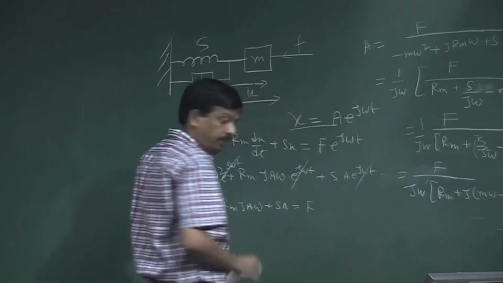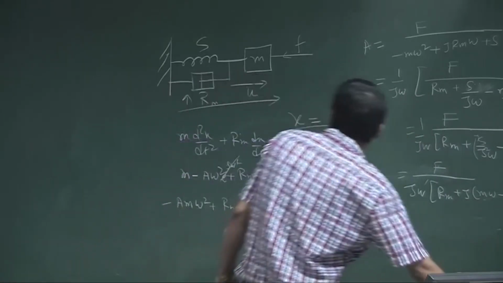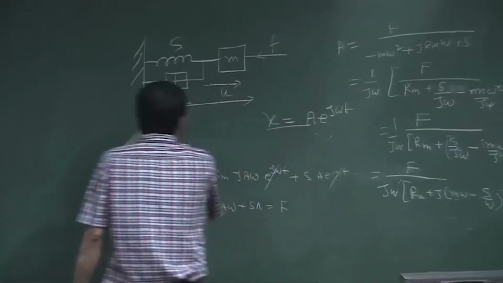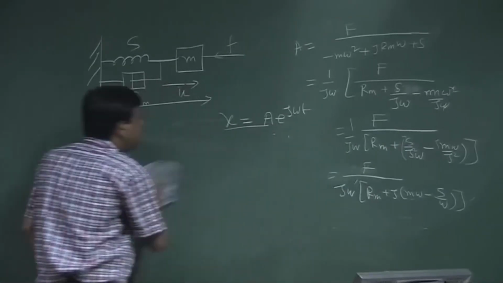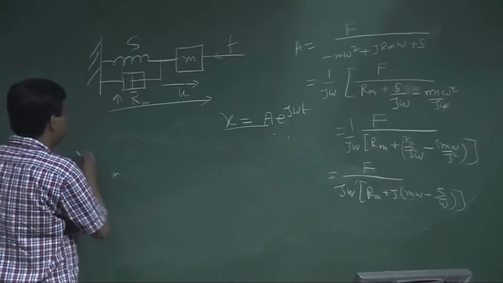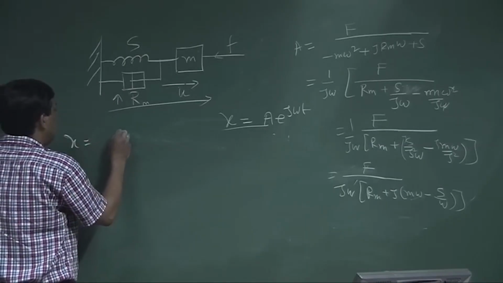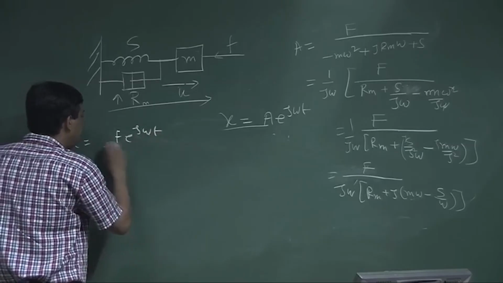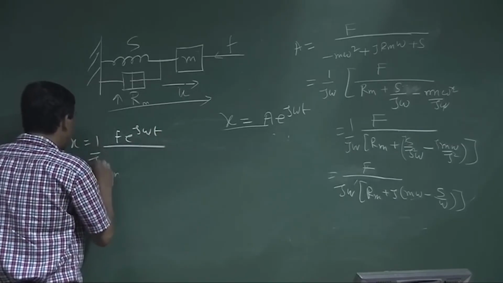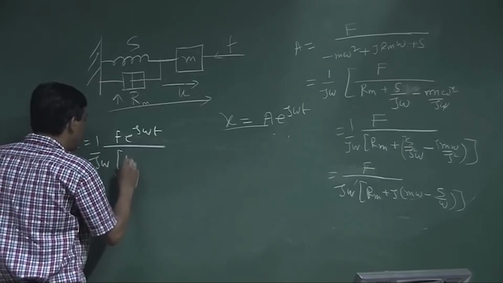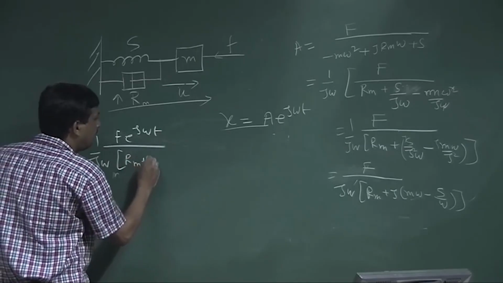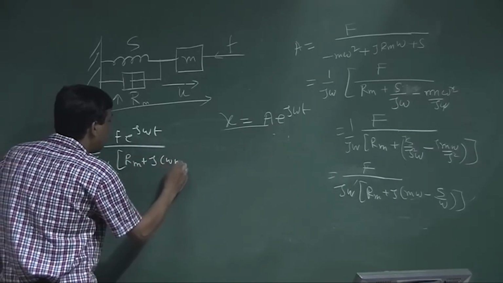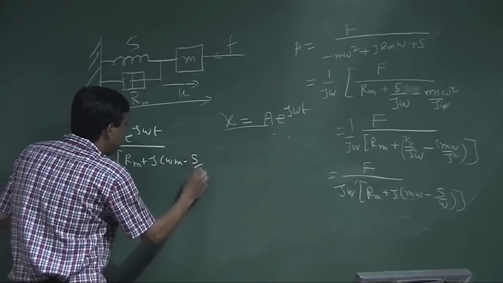Now, what is x then? x is nothing but A into e to the power j omega t. So, x is F into e to the power j omega t divided by 1 by j omega into r m plus j omega m minus s by omega.